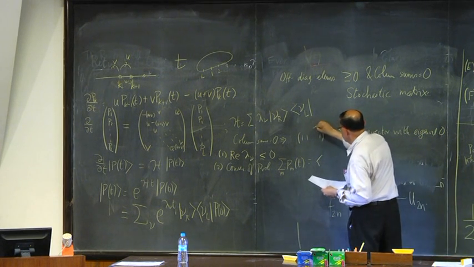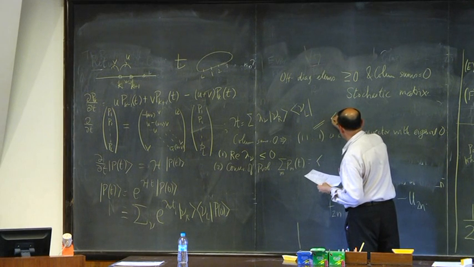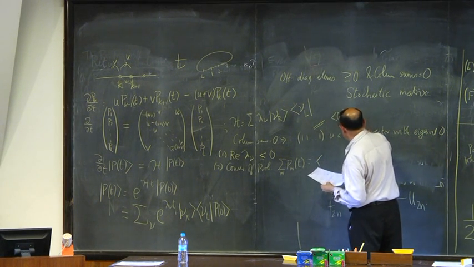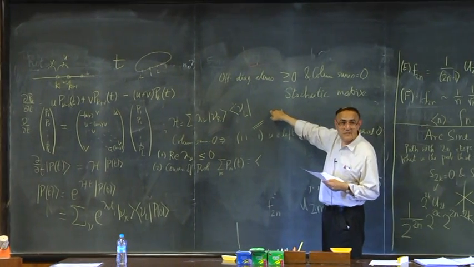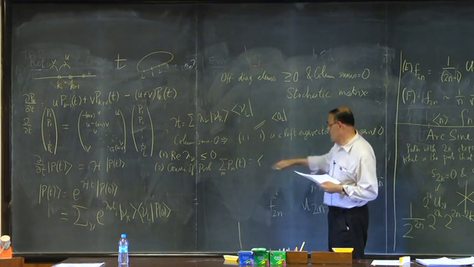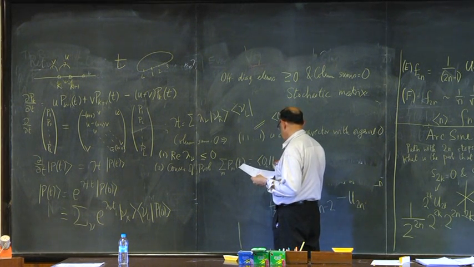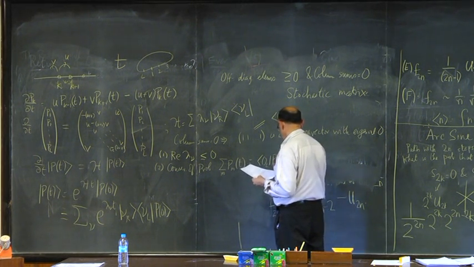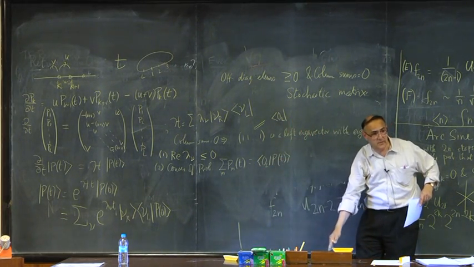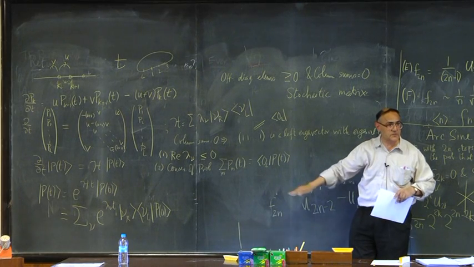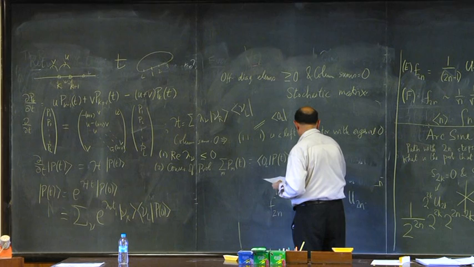Let us give this eigenvector, which keeps coming over and over again, a name. Let us call it 0 L. It is the left eigenvector with eigenvalue 0. Then this will be given by 0 L times p of t. Just think about it: 1 1 1 1 1 multiplied by p1 p2 p3 gives you p1 plus p2 plus p3. Okay. But this is 0 L.